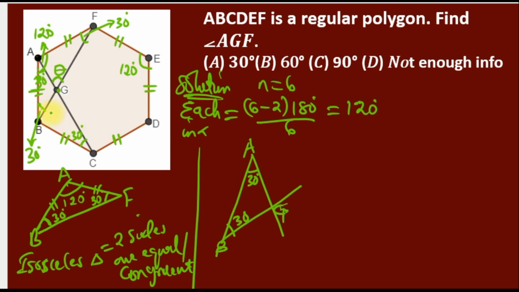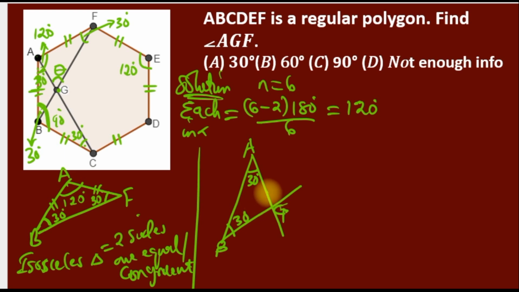Using the same logic, here is 30, 30. This is 120. The total here is 120. So here is 30, here should be 30. So this is 90. Do you understand? I'm saying this interior angle, each of them is 120. And since I have gotten that these ones are 30, this is 90.